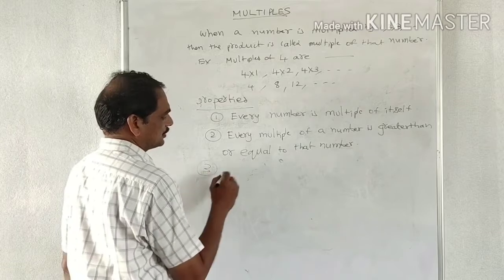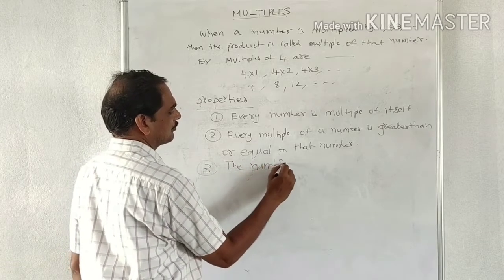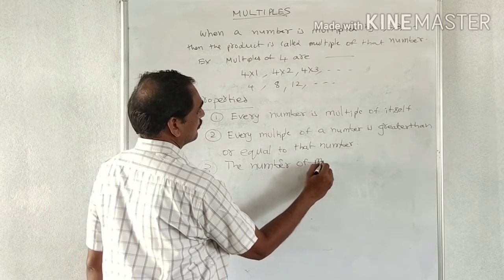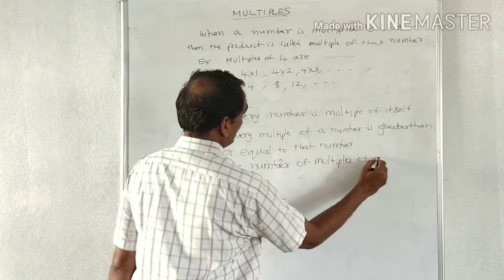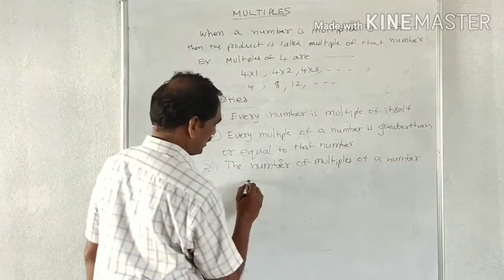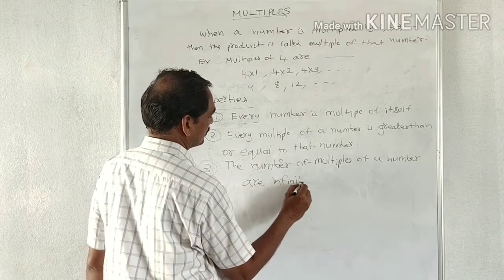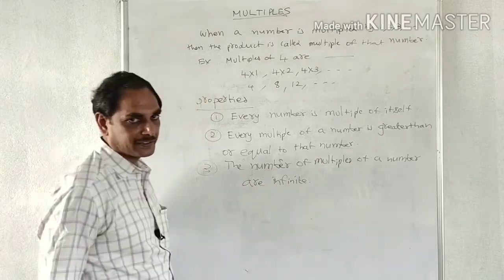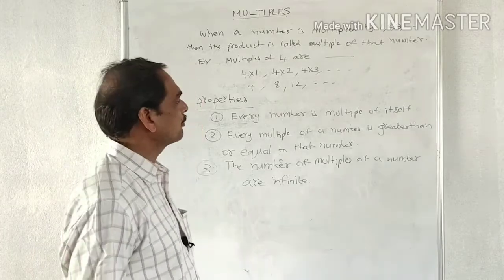Third: the number of multiples of a number are infinite, unlimited. So these are the main properties of multiples.